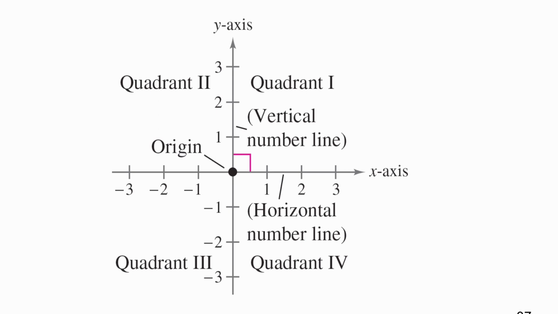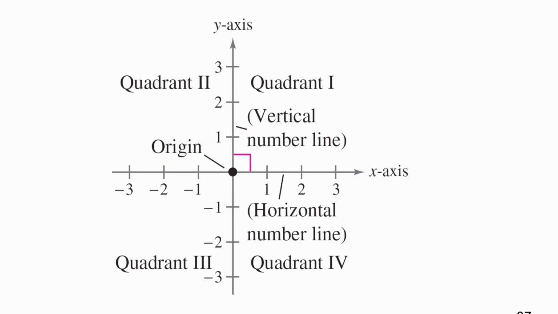We've got the x is always in the horizontal direction, and so you can think of the sun rising over the horizon. So that's x. And then the y-axis is always up and down like a skyscraper. That's your y-axis. And they intersect at the origin, 0, 0.